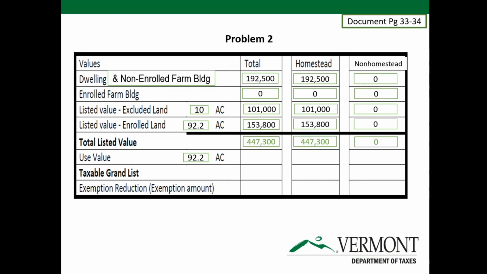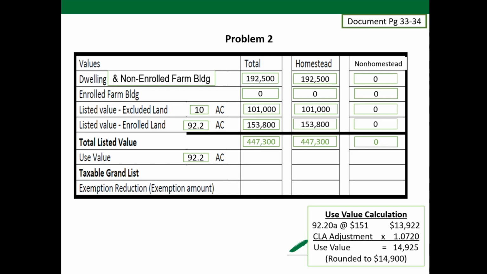And then I'm going to add those right up. So I come up to 447,300 and 447,300 for my homestead. I have my cost sheet right next to me, so I'm going to double check. Does that match? And in this case, it does. So I'm good to go forward.